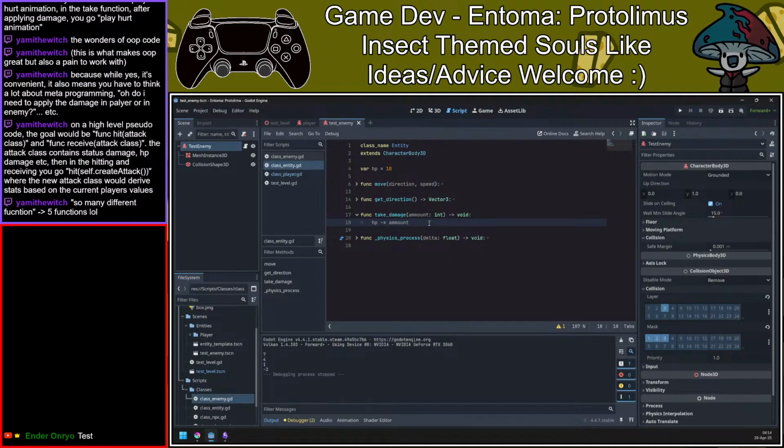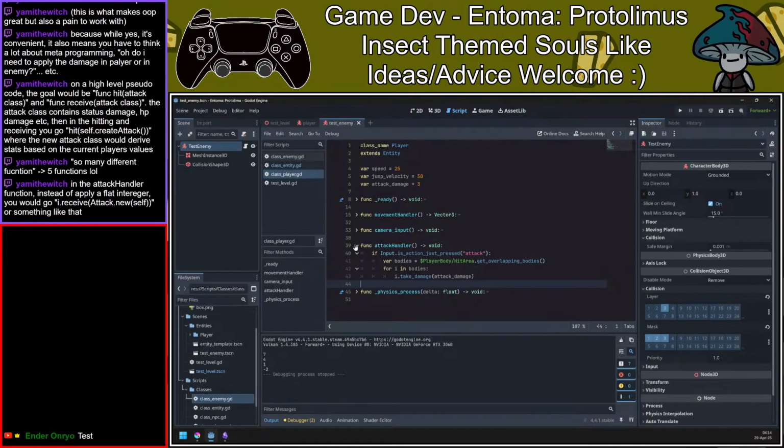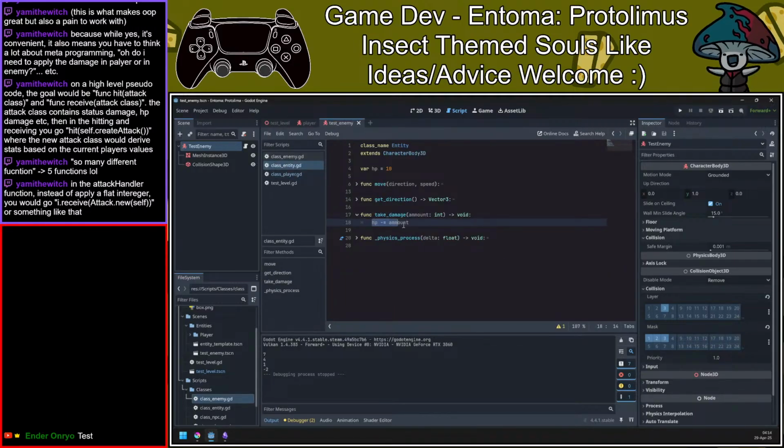I think maybe it just feels weird because we have a lot of placeholder stuff that is going to get replaced. Because this is eventually going to get replaced by an actual damage formula.